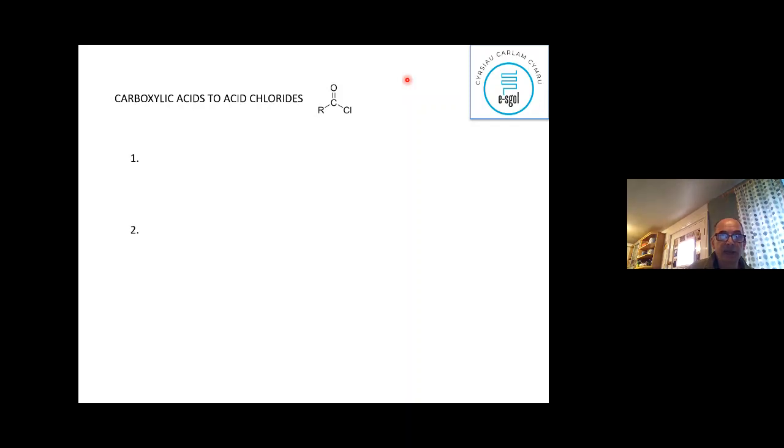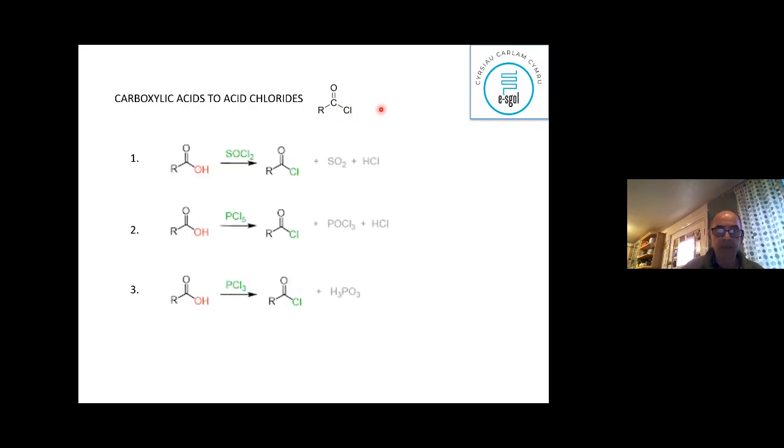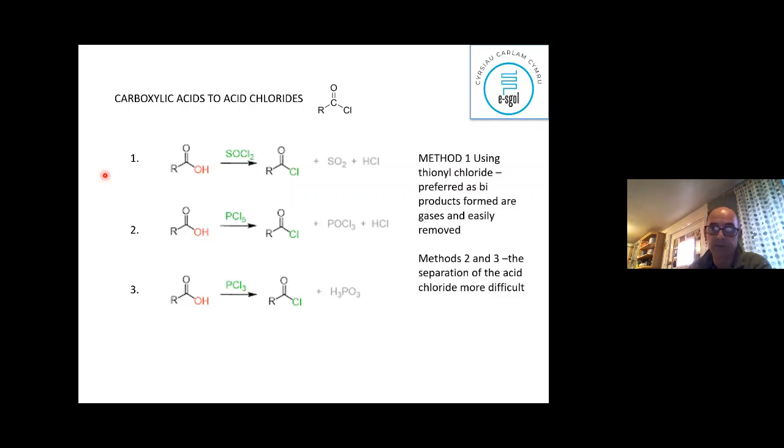Carboxylic acids to acid chlorides. Now, with acid chlorides, you replace the OH in the carboxylic acid with chlorine. The formation of acid chlorides can be done three ways. First method with thionyl chloride, second PCl5, or third method, PCl3.